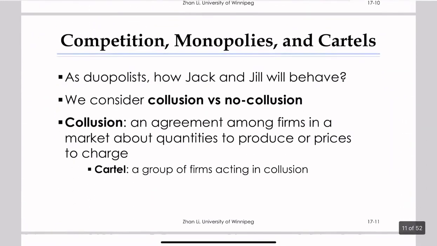And collusion essentially means there is an agreement among different firms about how many quantities to produce or what kind of prices they want to charge. And based on this, we can define cartel, right? Cartel means a group of firms that act in collusion to determine their optimal price and quantity.